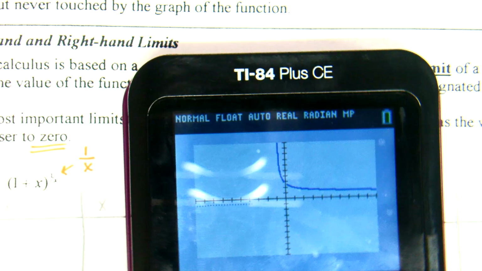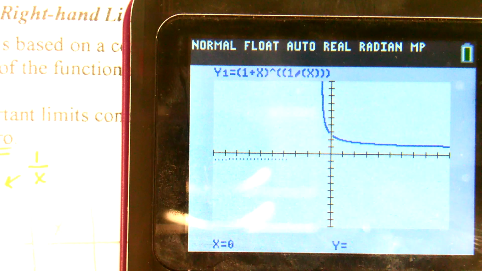Where is x equals 0? Okay, or in other words, in general, the y-axis. So we're looking at, okay, what's happening there? And if we just do a trace, can we kind of trace and look? Now notice when I hit trace, 0, at x equals 0, does y exist? Y does not exist, okay? But the limit still exists because it's what value we are getting closer to.